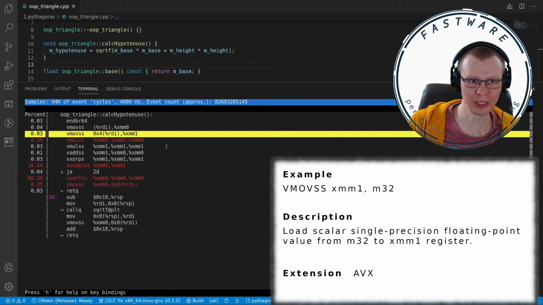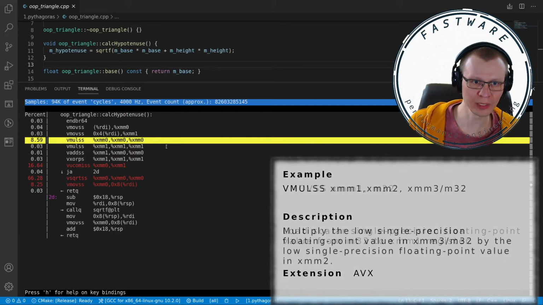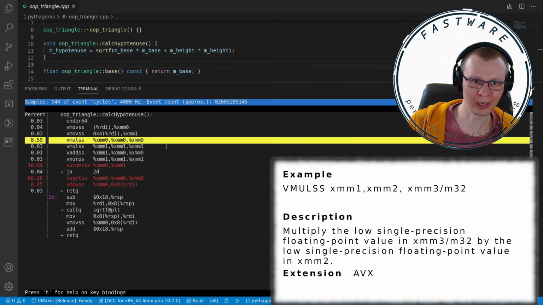The next one moves a single precision value from offset 4, so 4 bytes off the base, so that will be height, into the XMM1 register. Now multiply the XMM0 register with itself and store the result back into XMM0. So this is base times base.